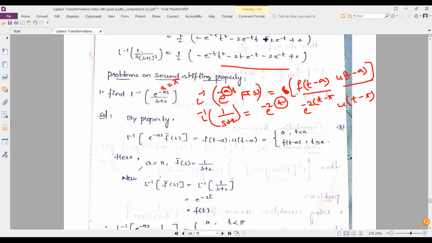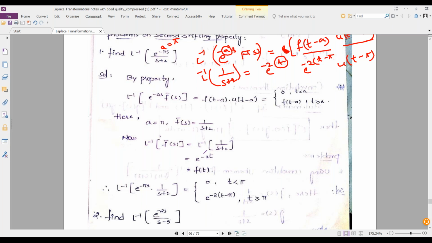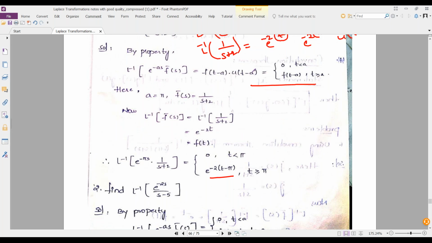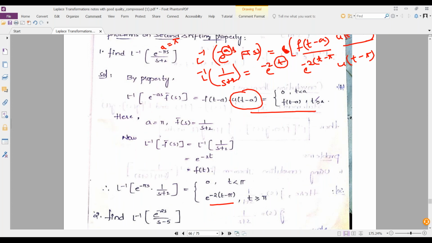Here either you stop there, or, as you specified clearly, if t is less than a, this value would be 0. For t greater than a, this value will be f of t minus a. That's what is specified. You can stop it here, or you can extend one more limit range.